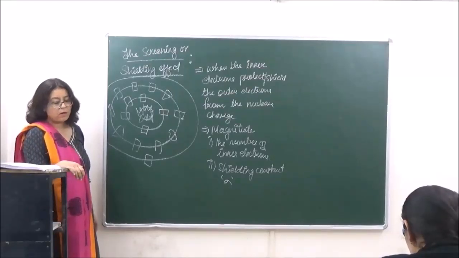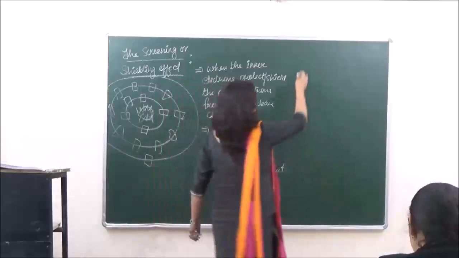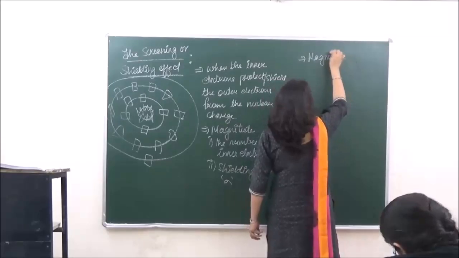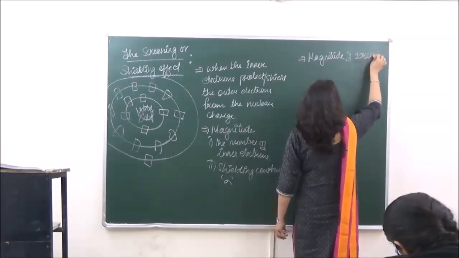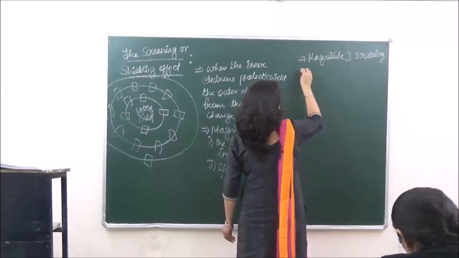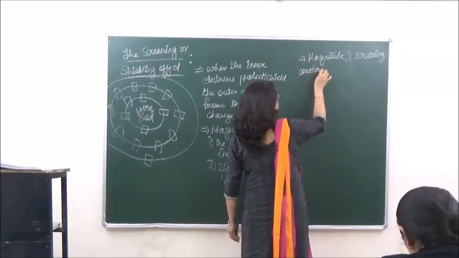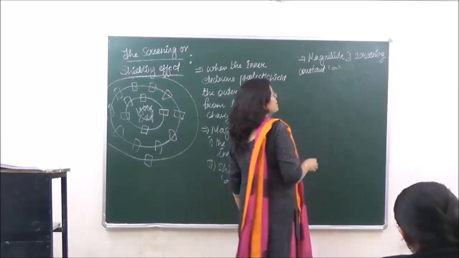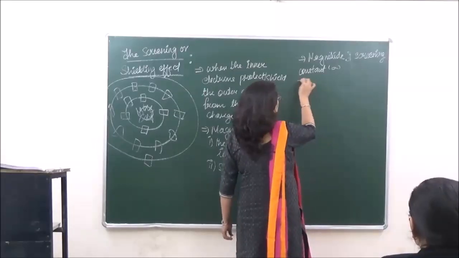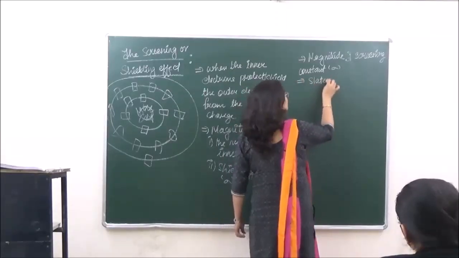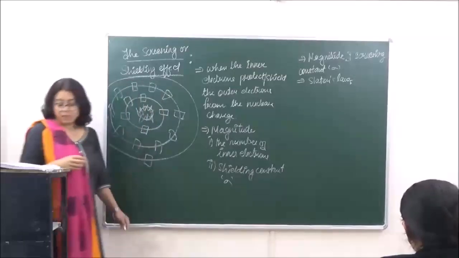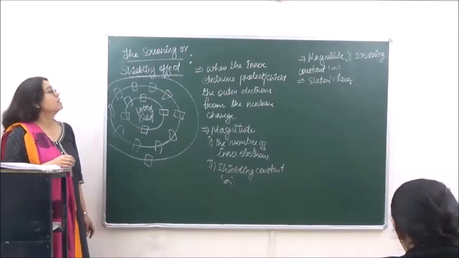The magnitude of the screening constant, sigma, is calculated on the basis of a set of laws which are known as Slater's laws.